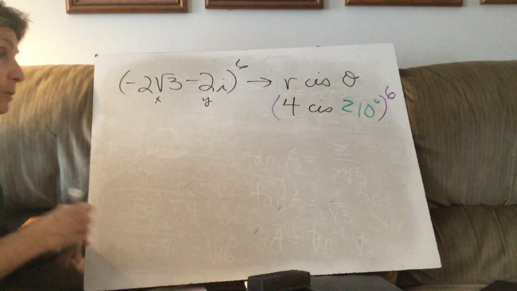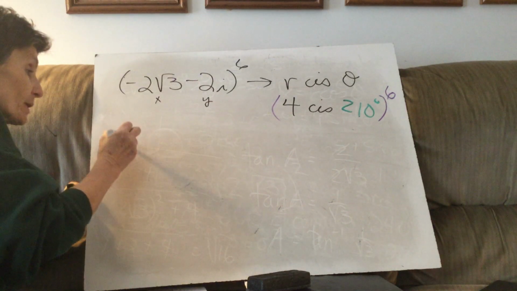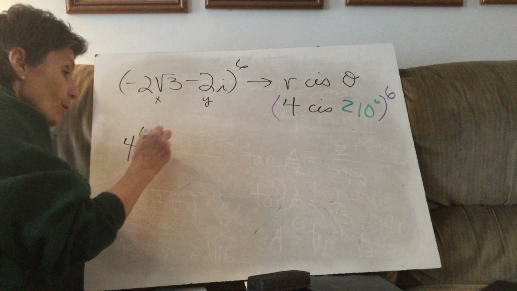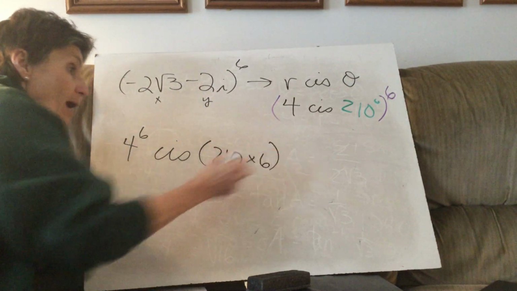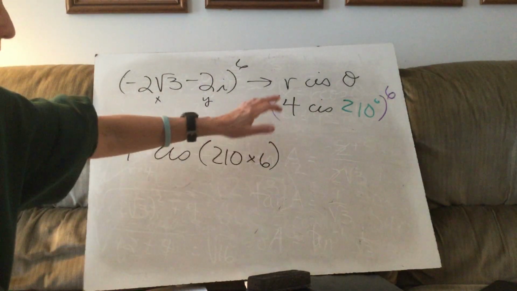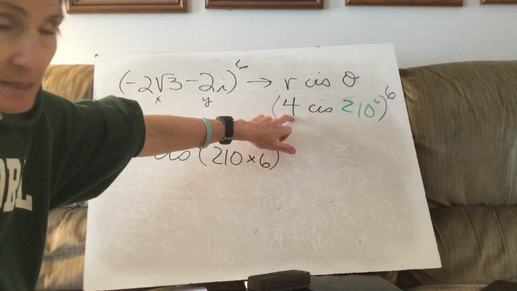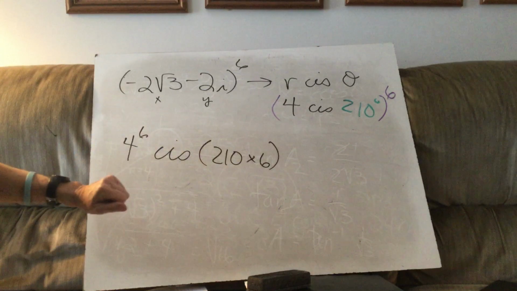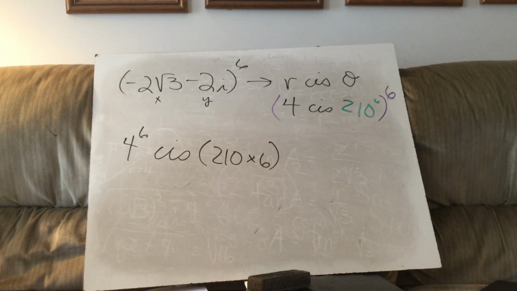All right, so now we're going to use de Moivre's theorem to raise that to the 6th power. So we're going to take 4 to the 6th. Remember, you take the radius to the power, and then we multiply the angle times the power. That's the way the theorem works. Whatever your r is, take r to the power, and then take the angle theta times the power.